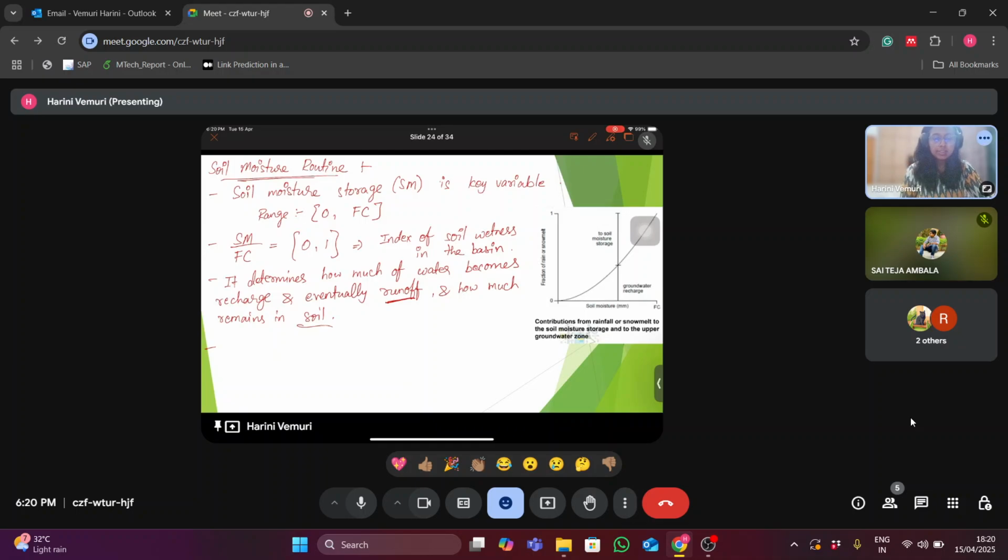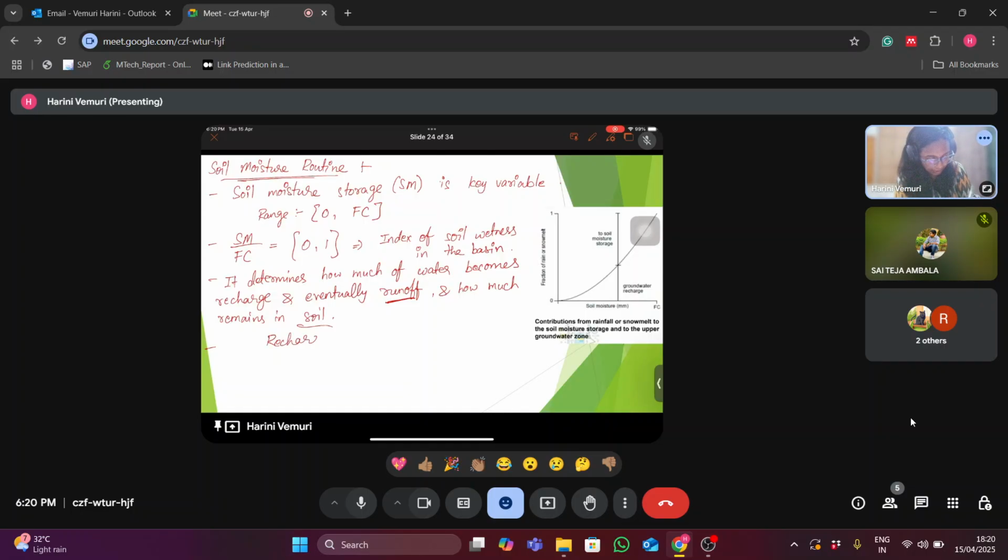So as I've discussed, if the soil moisture depletes, then what will happen? If the soil is wet, then potential evapotranspiration will occur. But if the soil is dry, actual evapotranspiration will occur, which is less than potential evapotranspiration.